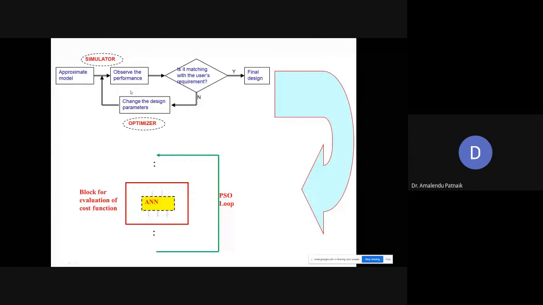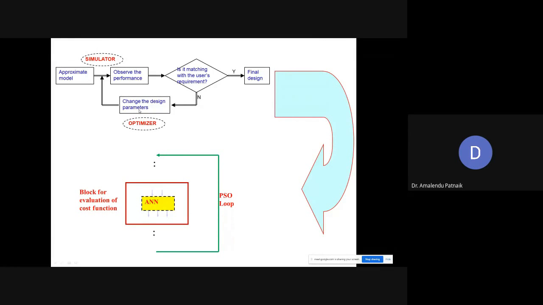And furthermore, the previous method of changing these parameters was arbitrary in nature. But in place of that, if you are applying a metaheuristic based optimizer, your changing of these parameters in each iteration or in each loop becomes systematic. So in a systematic way, you are going to vary the parameters of the antenna.